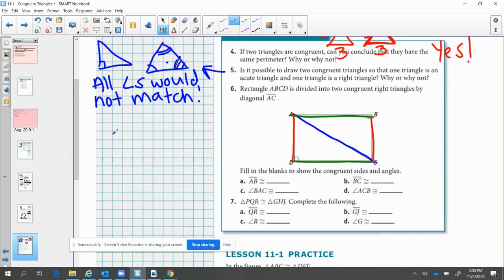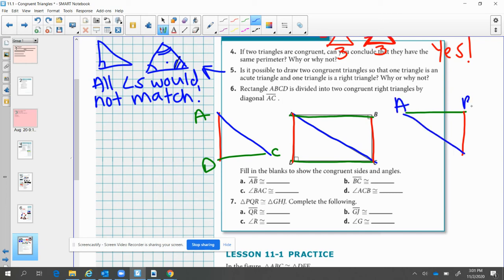Imagine if we split this into 2 separate pieces, we would have triangle ACD, and then we would also have triangle ABC. So notice here, this side is congruent to itself. It's AC in both pictures, and so it's obviously going to be the same size.